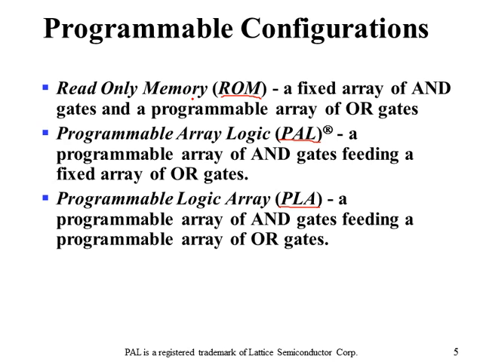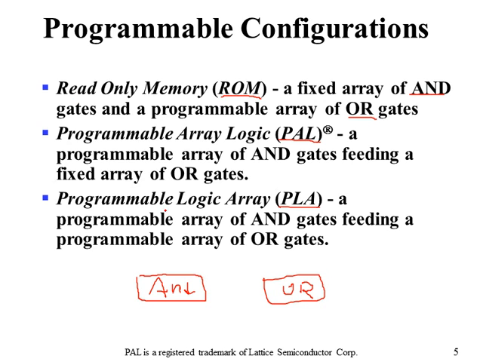Basically, within the device, we have an array of AND gates followed by an array of OR gates. In all three types, you have an array of AND gates followed by an array of OR gates. That's the basic configuration. Depending on which part is programmable, we have three types.